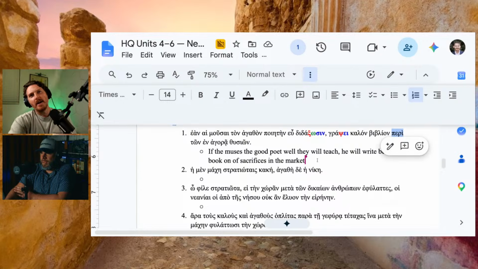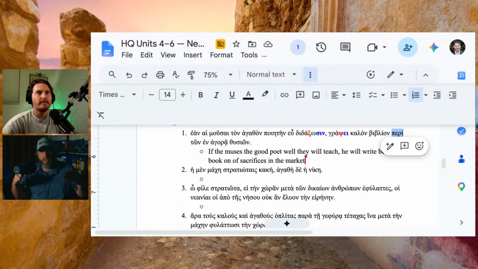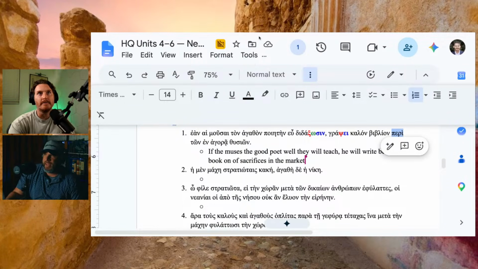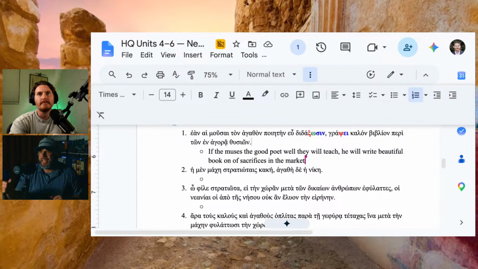You could say on, it's about. That's what it means. You can write a book on something, or about something. I'm so used to Aristotle's titles, "Peri" something. Colloquially it would be about, but you're right, it could be on.